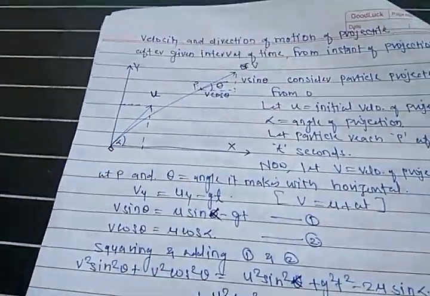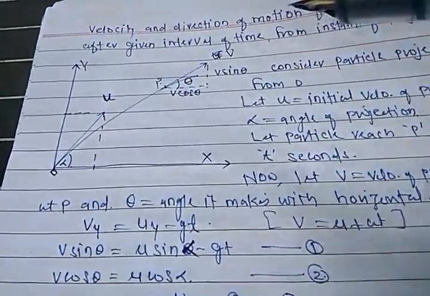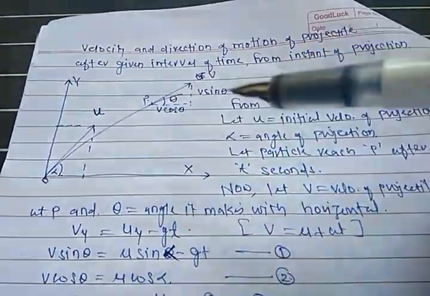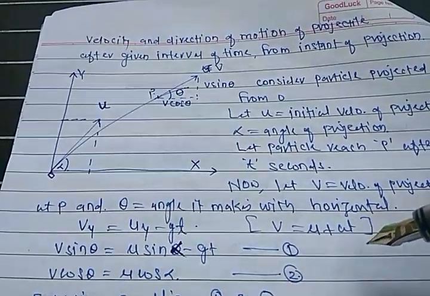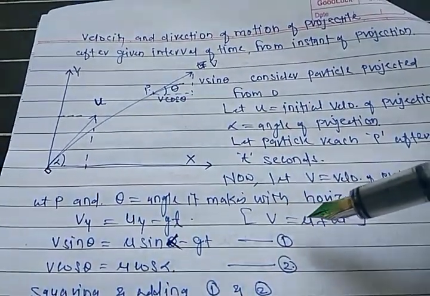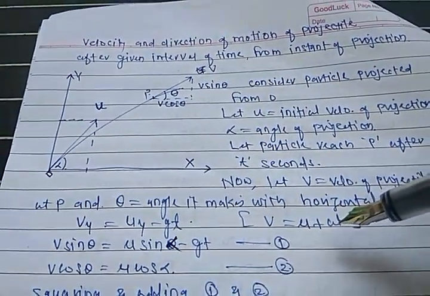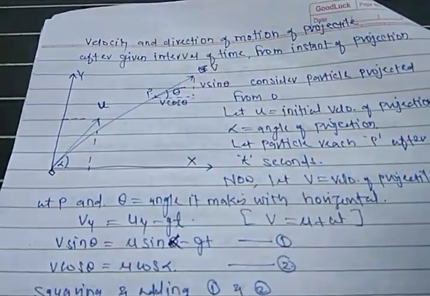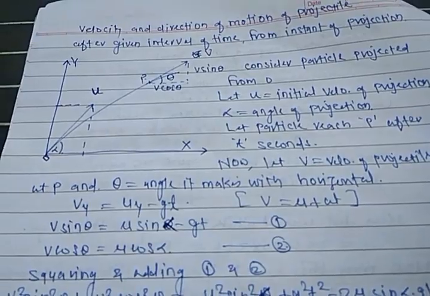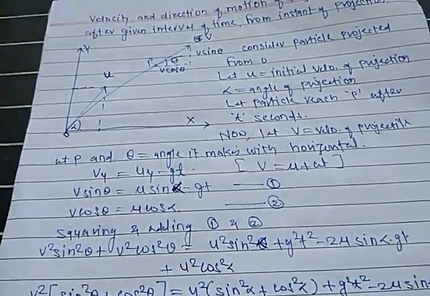Now we have to find vy, the velocity in the y direction at point P. So vy will be uy minus gt. Applying the rule v equals u plus at, it is minus gt simply because it is traveling in the upward direction against the direction of gravity, right?